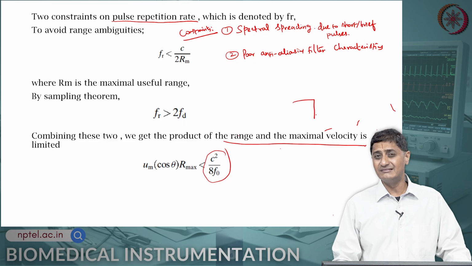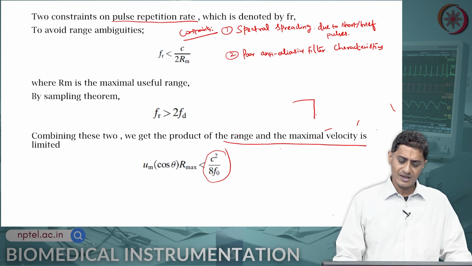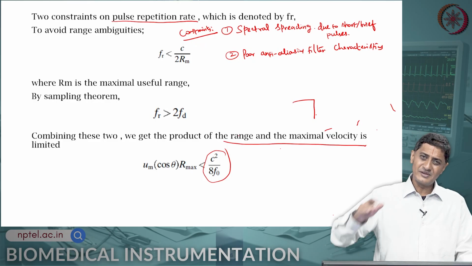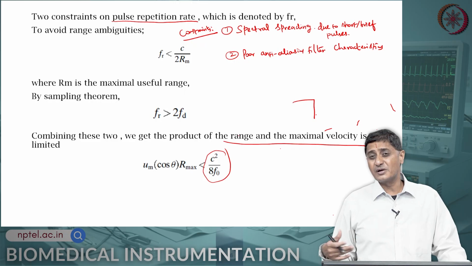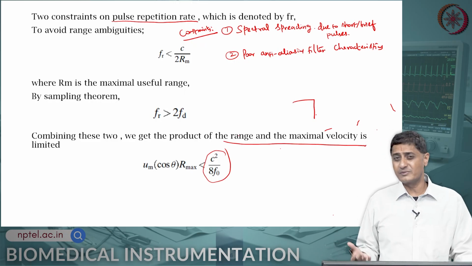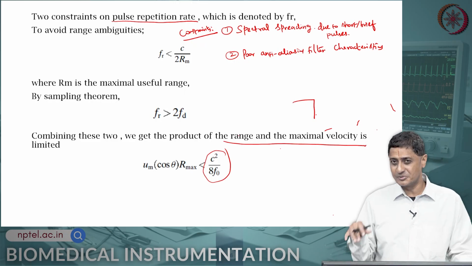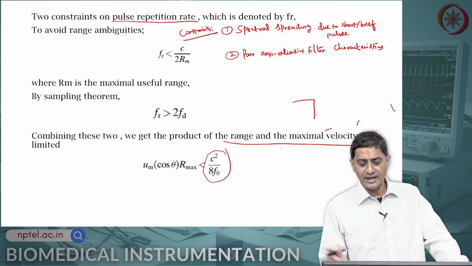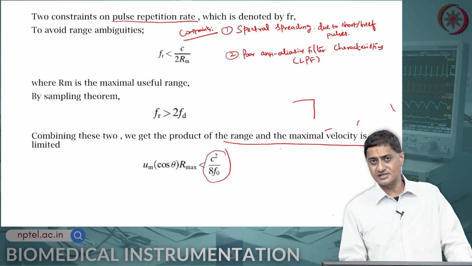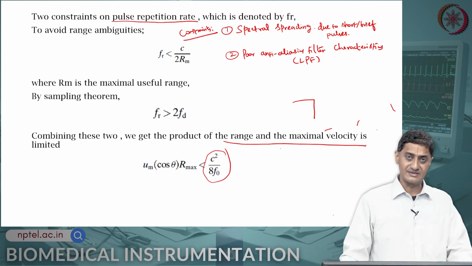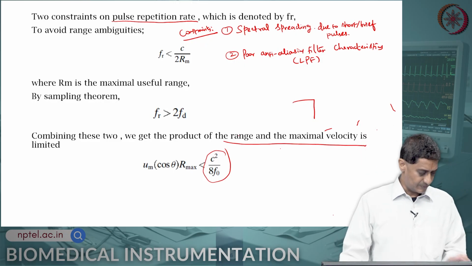Practical filter characteristics will not be ideal, and that means that there will be a slope, there will be time taken, or there are other problems. If you increase the order of the filter, other problems regarding stability and other things come into the picture. So, it is not really that. Poor anti-aliasing filter characteristics are LPF, low pass filter characteristics, leading to aliasing. That is the other problem that could happen.